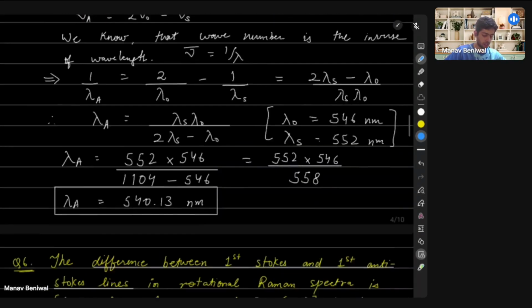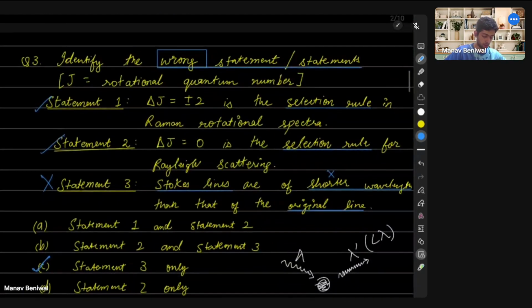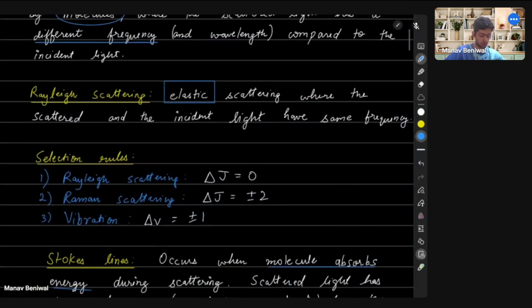So now let's go back here. Here are our selection rules. And if we look at the selection rule for vibration, it says that delta V is plus minus 1.